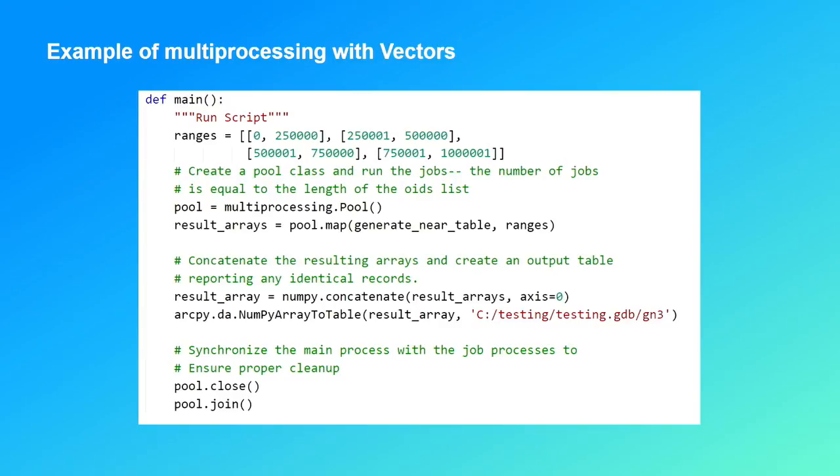And again, it's worth mentioning that you always want to be careful to close and join the pools that you're doing multiprocessing with, to ensure proper cleanup, that all of the memory addresses are freed up, and that you don't encounter circumstances in the program that may not even cause it to crash, but just give weird results.